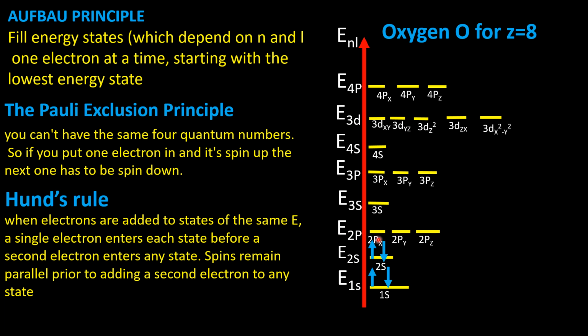So for the 2p states, first electron will go to the px, then to the py, and then to the pz state. So the first goes to the 2px state, the second electron goes to the 2py state, and the third electron goes to the 2pz state.